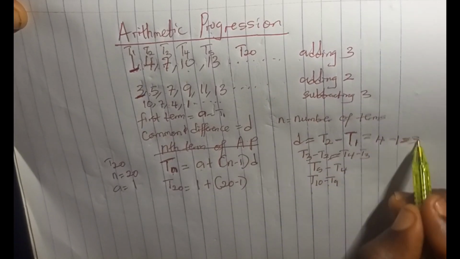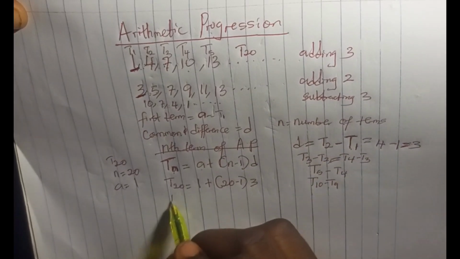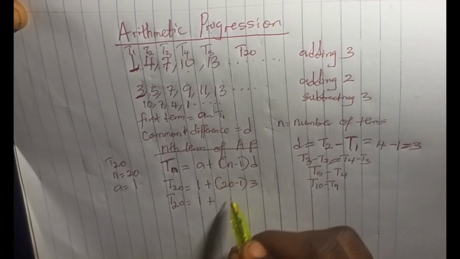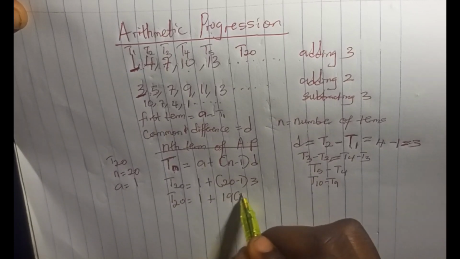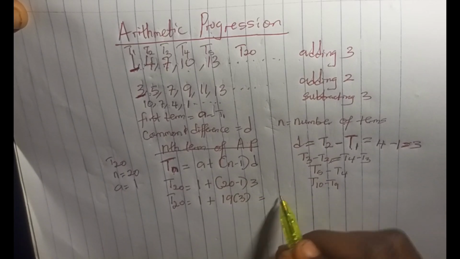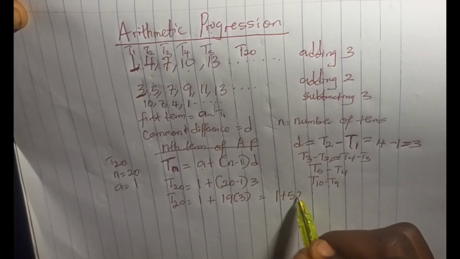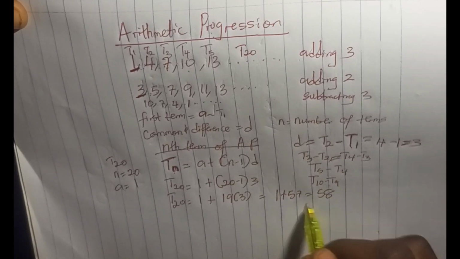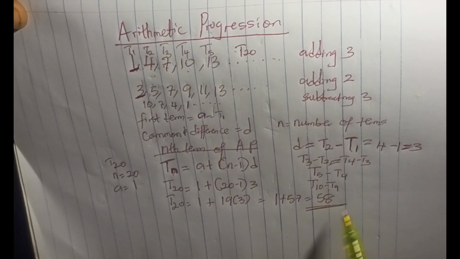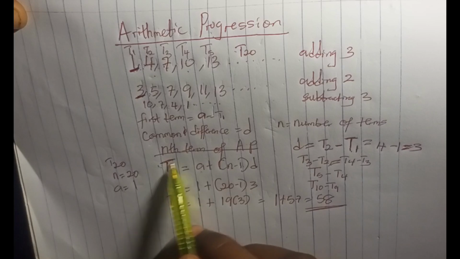So I have T20 equals 1 plus 20 minus 1, which is 19, times 3. 19 times 3 gives us 57. Then 1 plus 57 is 58. So the 20th term in this arithmetic progression is 58.